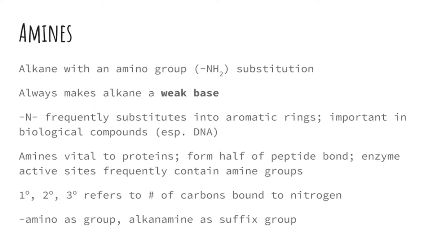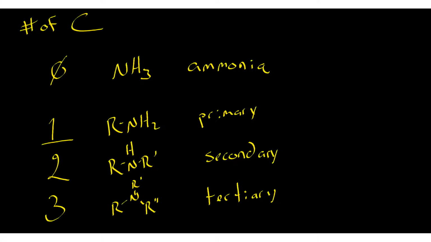Amines are classed as primary, secondary, or tertiary. This is based on how many carbons are attached to the nitrogen. If you have 0 carbons, of course you just have ammonia. If there's 1 carbon on that nitrogen, then it's a primary amino group.